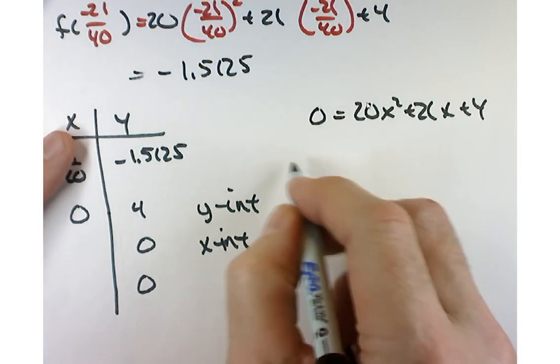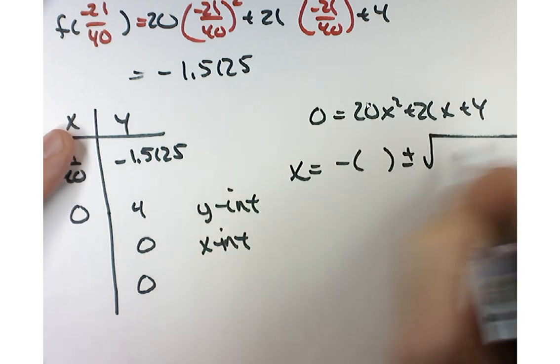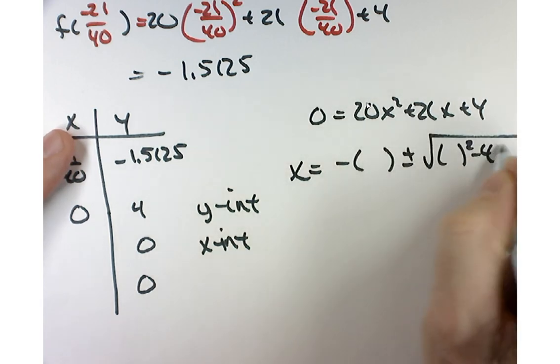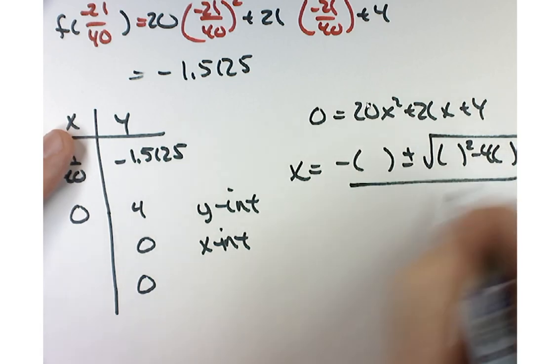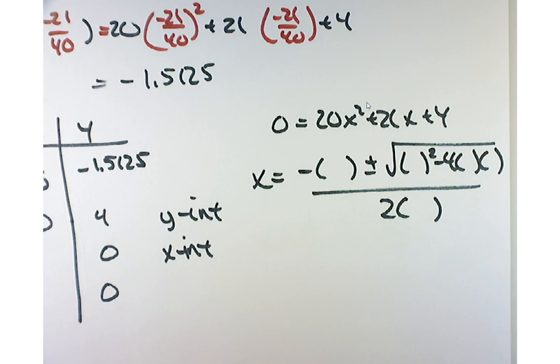So x equals the negative of b plus or minus the square root of b squared minus 4 times a times c, all over 2 times a. Not particularly fun, but it's what has to be done. Rachel, help me out with a, b, and c.